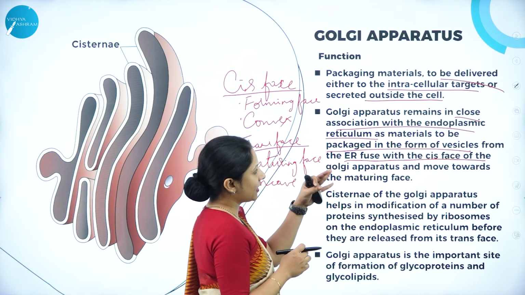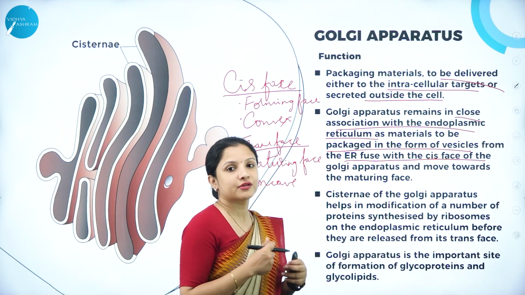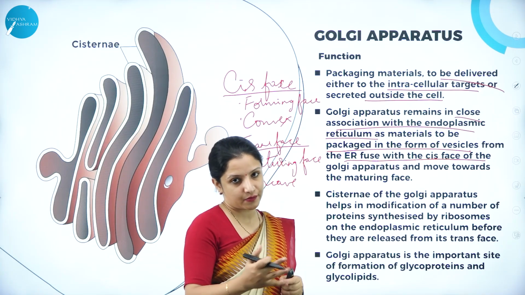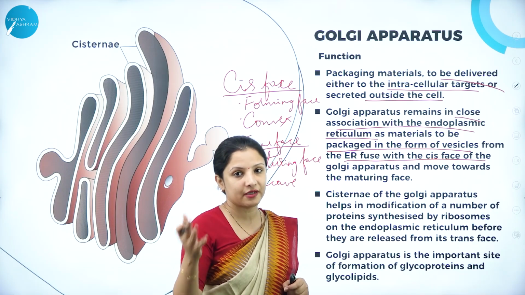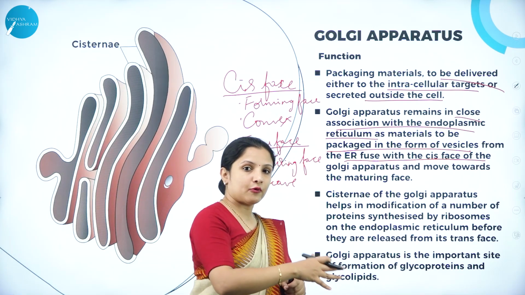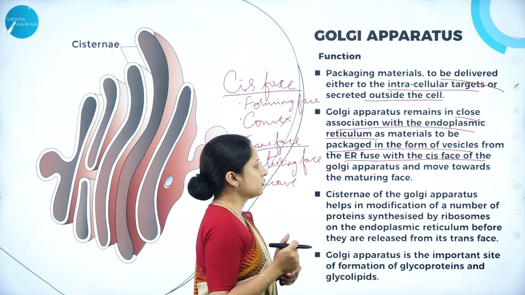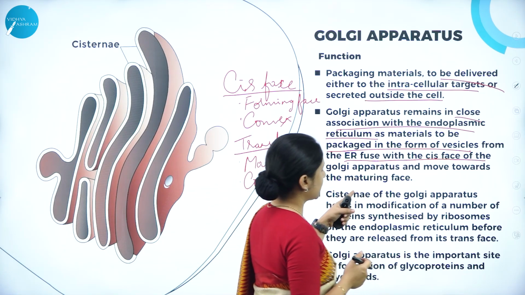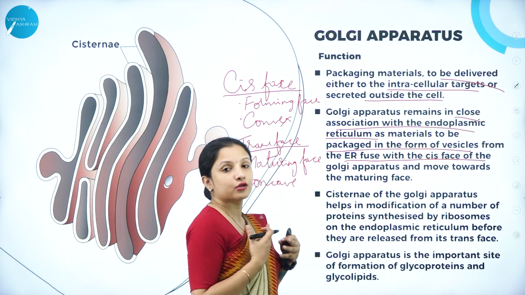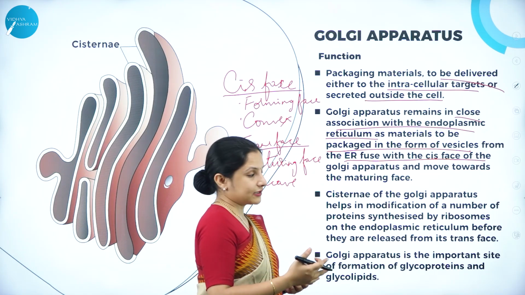Why is it connected? It is because of the transferring of the packaged materials between the endoplasmic reticulum and the Golgi bodies. So for that particular reason, it is in close contact with the endoplasmic reticulum.